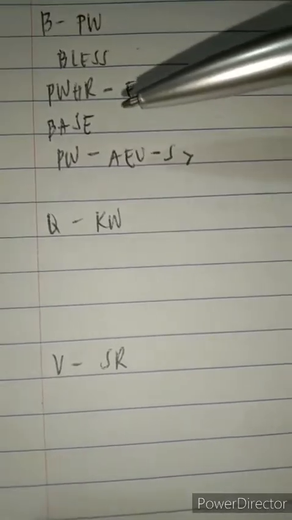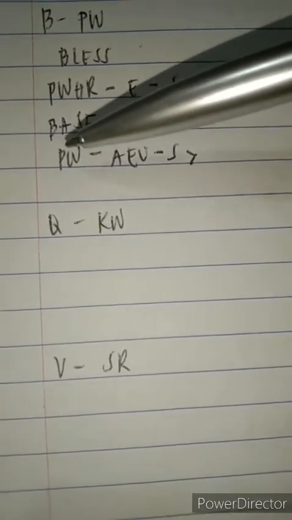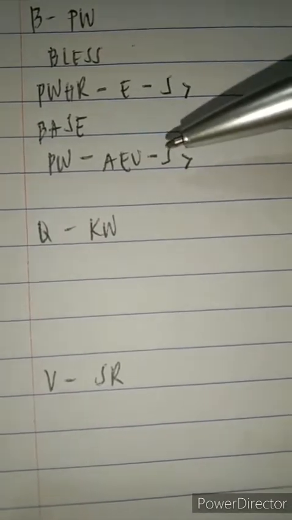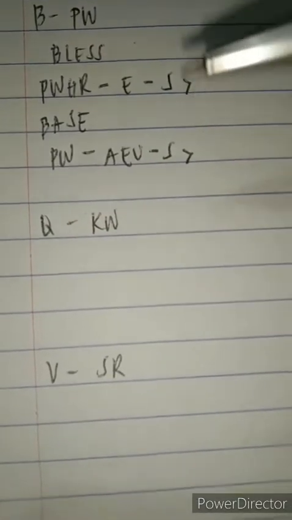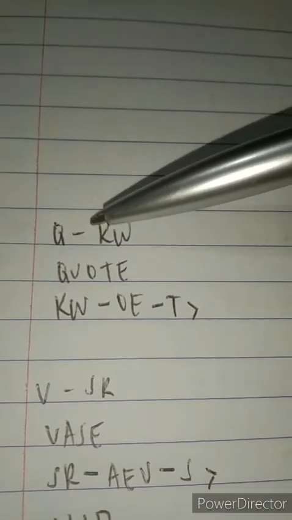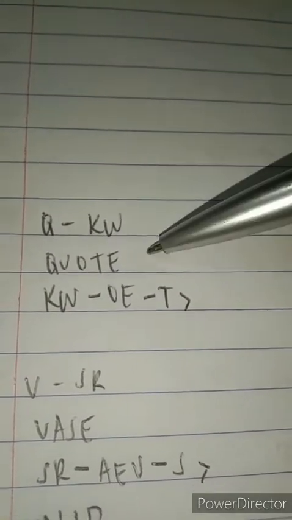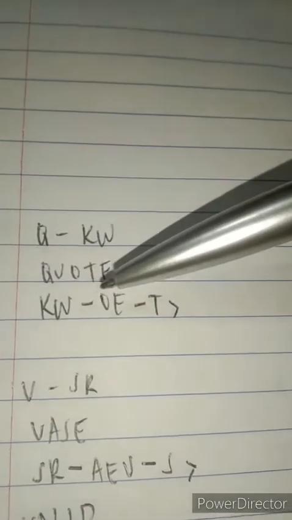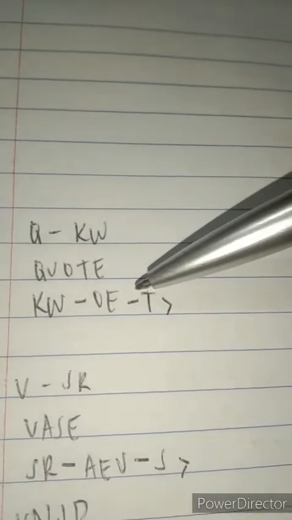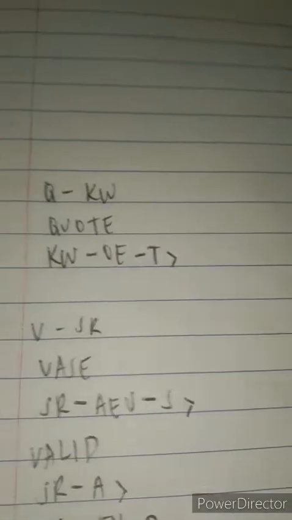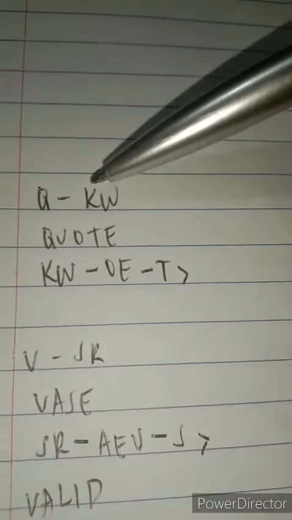For the next example, the word base, PW, and then, long A, AEU, and then, ending sound S, and then, release. Here for Q, it is represented by K and W. So this example, quote, KW for Q, and then vowel letters OE, and then ending letter T, and release. So again, Q is represented by K and W.